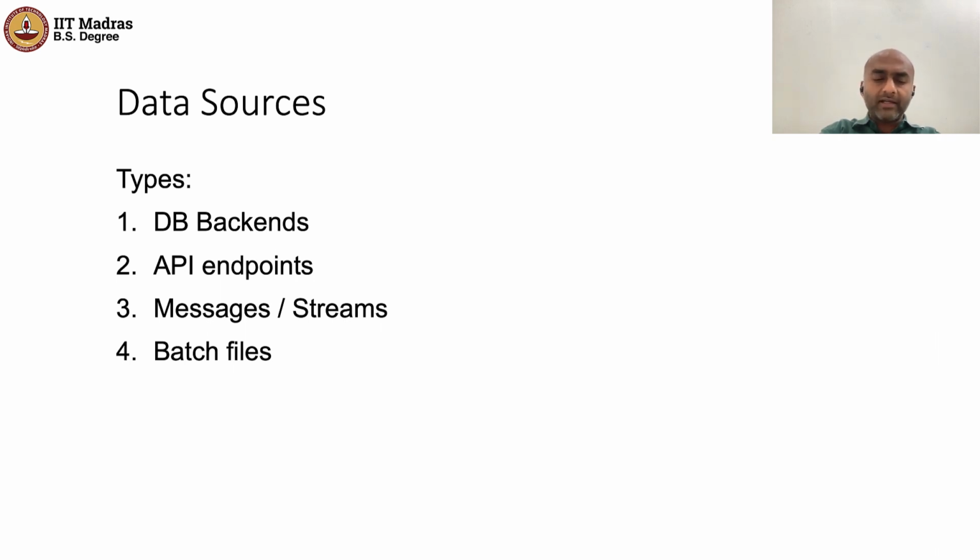So if you needed real-time execution, you would potentially use messages and streams as your preferred data source format, and in some cases you could also work with data sources which provide APIs, because you could in real time invoke an API and consume the data that's available at that particular point in time.